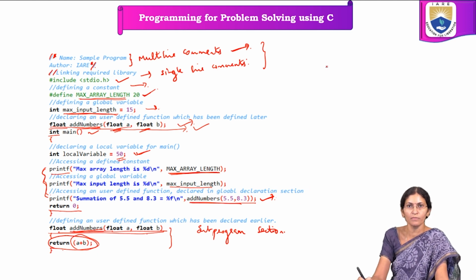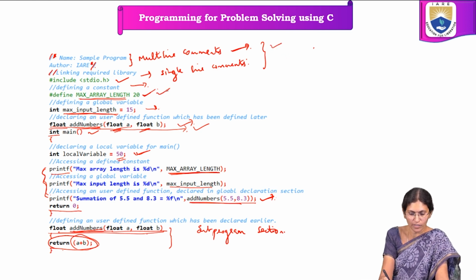In a C program, the obligatory section is the int main function. The remaining sections are the documentation section, then the global definition section, then the global declaration section, and then the user defined function declarations. Here itself we declare the global variables and the user defined functions.